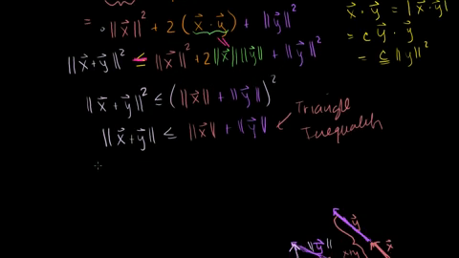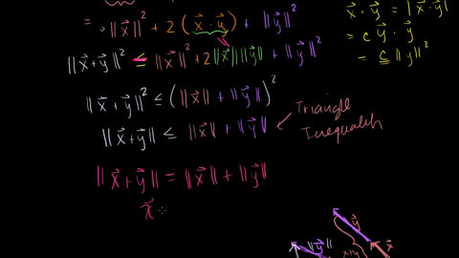We could say that x plus y, we've done the same work, but we would have had an equal sign the whole way, would equal the length of x plus the length of y, in the situation where x is equal to some positive scalar times y. So c is greater than 0.